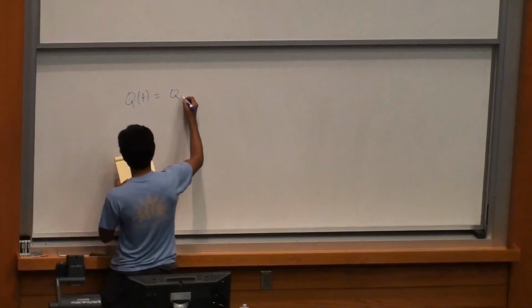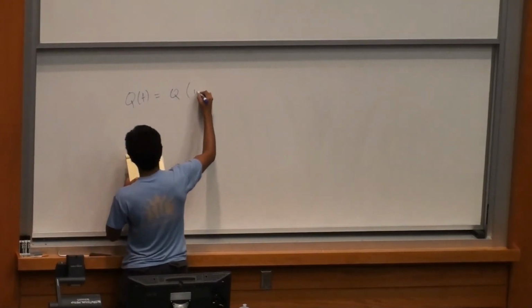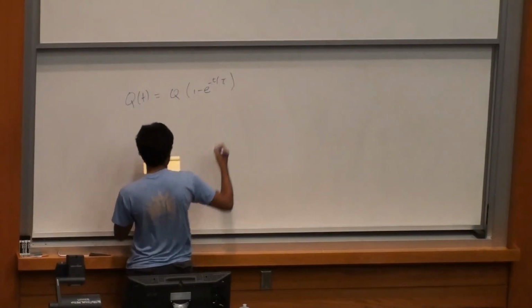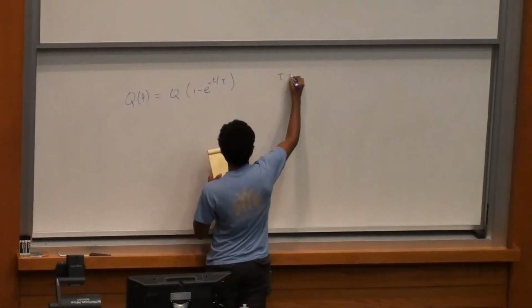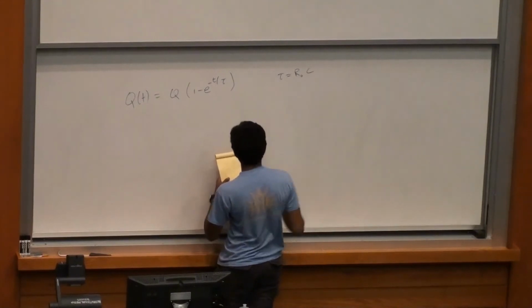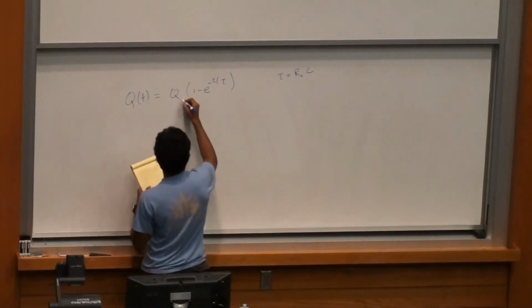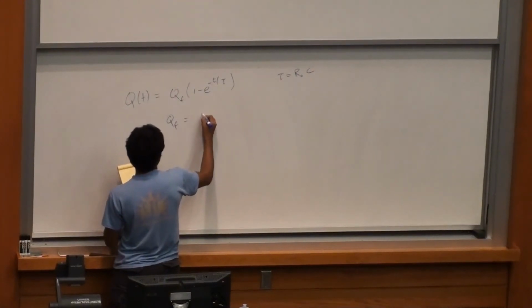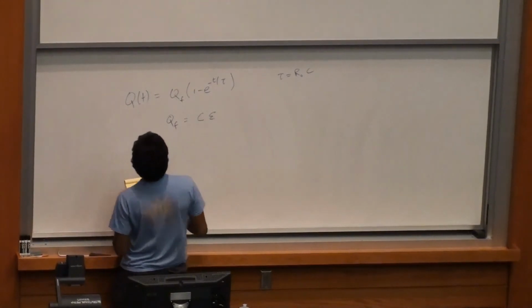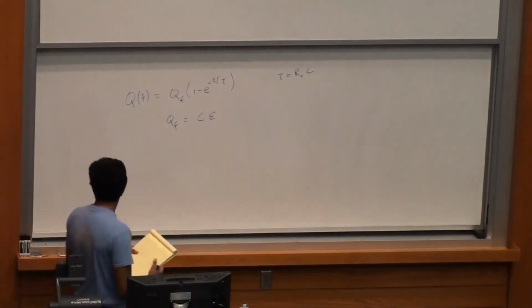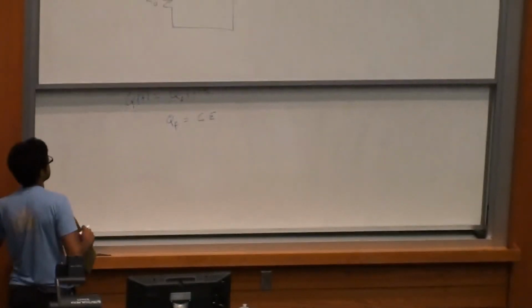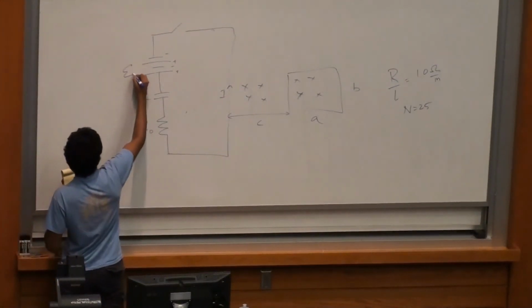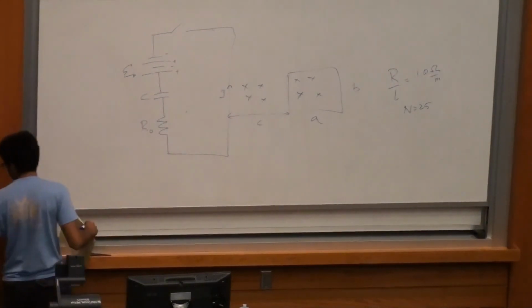I have Q equals Q final times 1 minus e to the negative t over tau, where tau equals R naught C. And this is my Q final, which is equal to capacitance times my EMF. The EMF there is also given to you. We'll have two EMFs. I'll say this is EB.